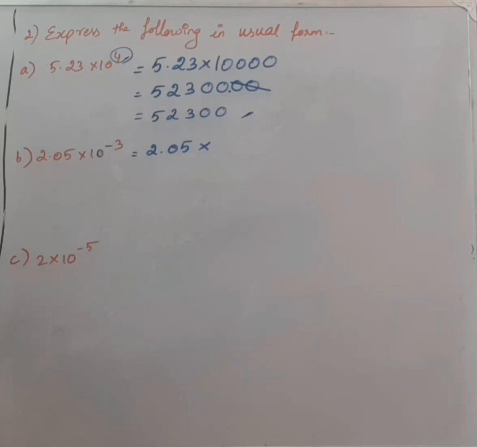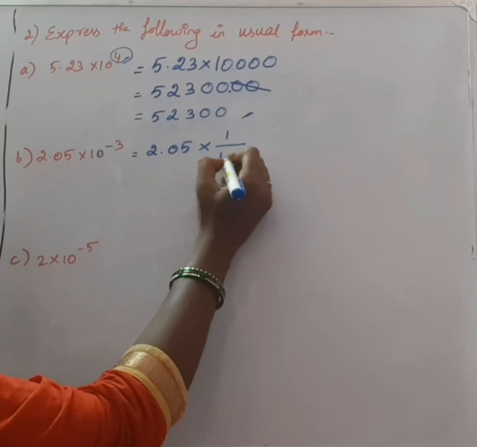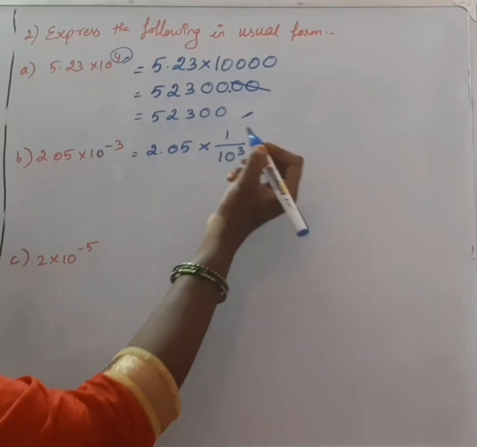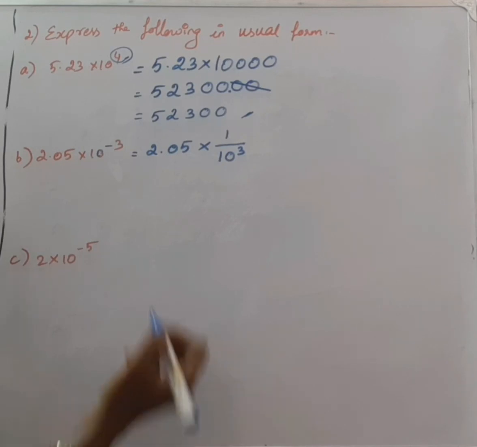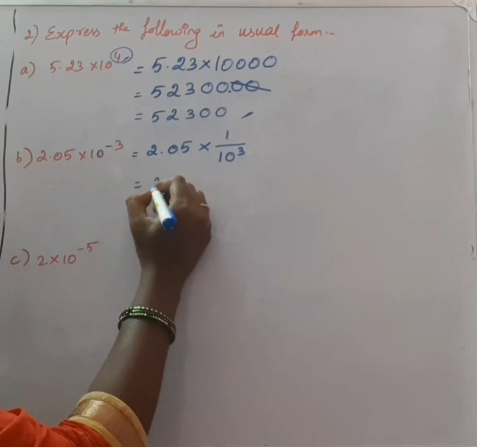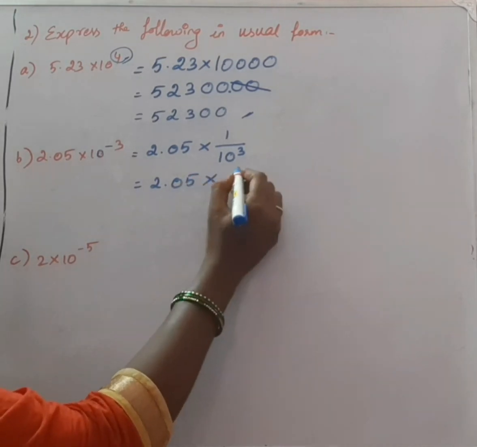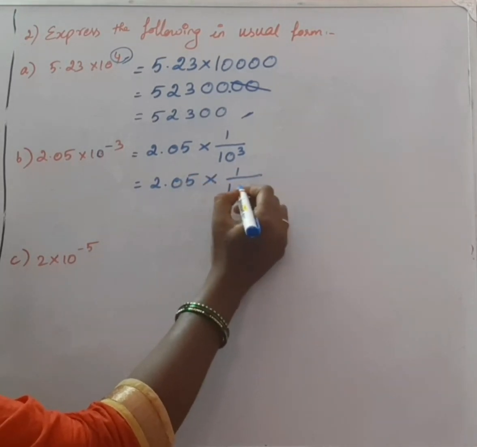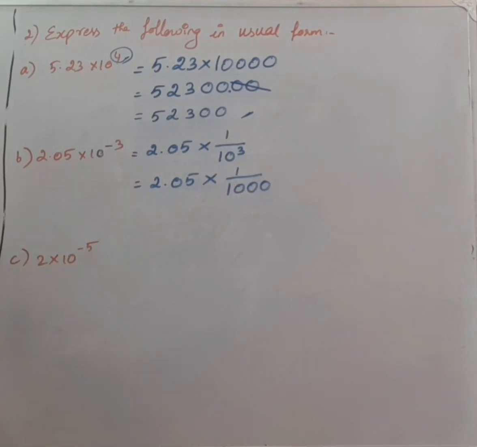That means, very good, we want to take a reciprocal. So 1 by 10 power 3. So what is the value of 10 power 3? 1000. So 2.05 into 1 by 1000, 3 zeros.